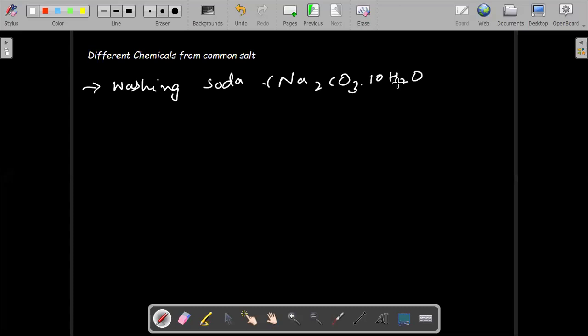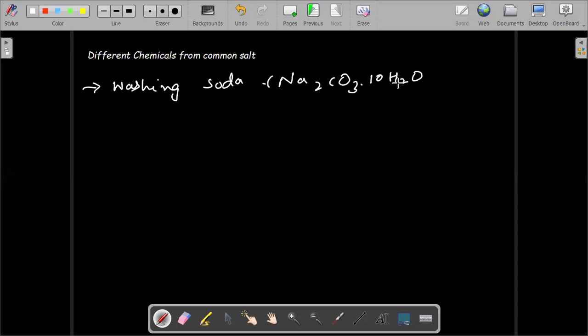So this 10H2O is called the water of crystallization. There are 10 molecules of water of crystallization present. Alright. So you have 10 molecules of water of crystallization present, which is formed by the crystallization process.